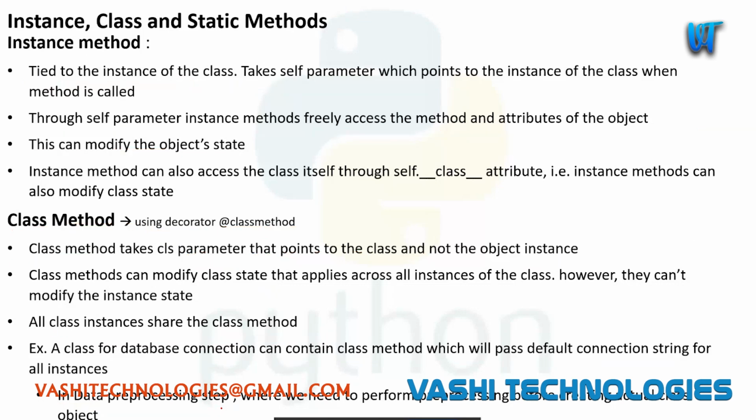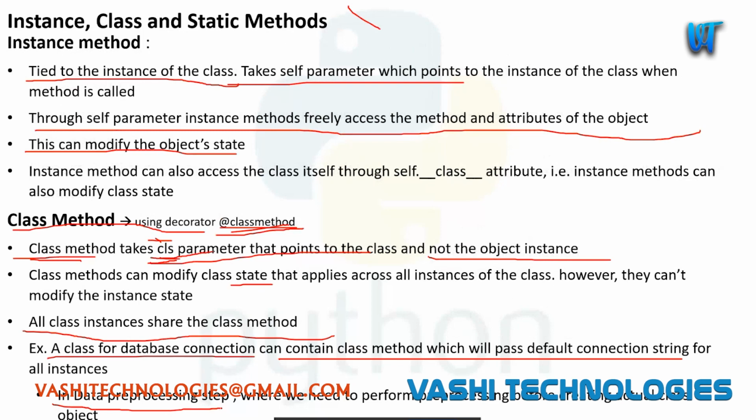So instance methods will be tagged to the instance and class methods will be tagged to the class. Clear, right? Instance methods will be able to modify the class state as well as the instance state. But class methods won't be able to do that. Class methods can modify the class state only, not instance state.